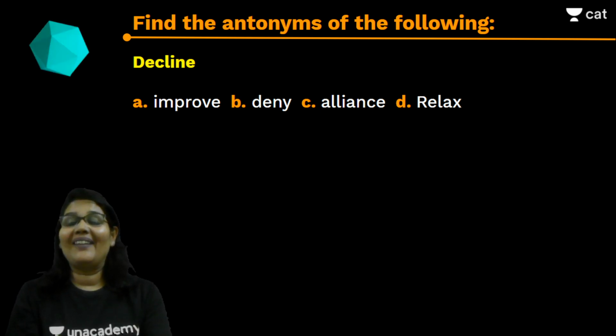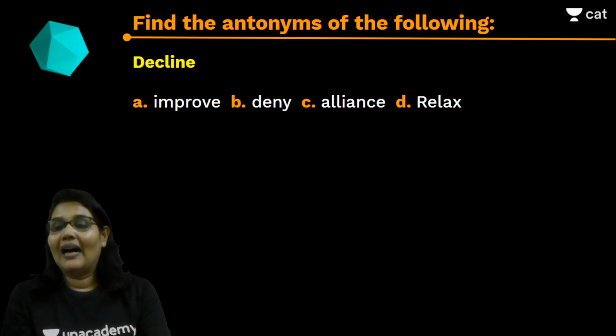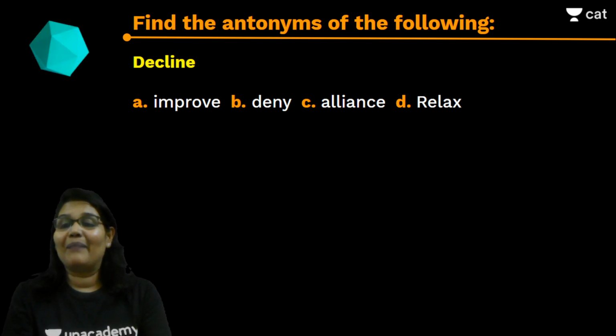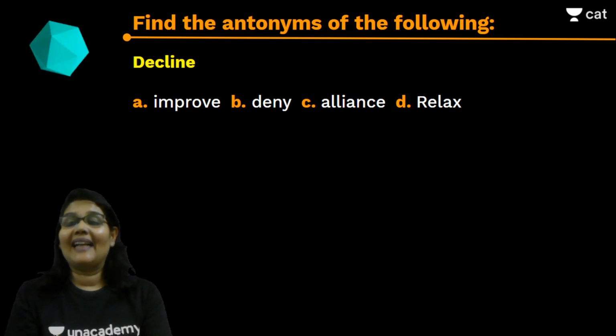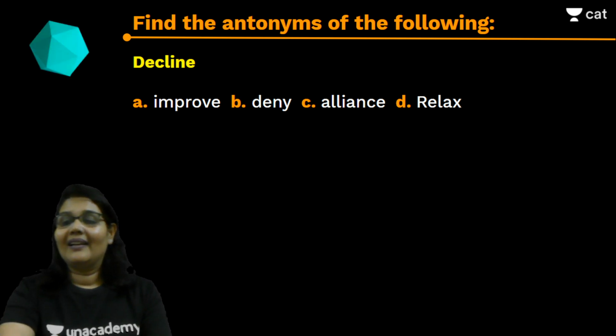So your answer is A. Deny is a synonym, so it cannot be D. Alliance means association, and relax, you know what is the meaning. No guys, you are getting it wrong because I'm not asking you the synonym, I am asking you the antonym here, opposite. So decline, to refuse, to move to a lower position, and what would be the opposite? To improve. Okay guys? Great.